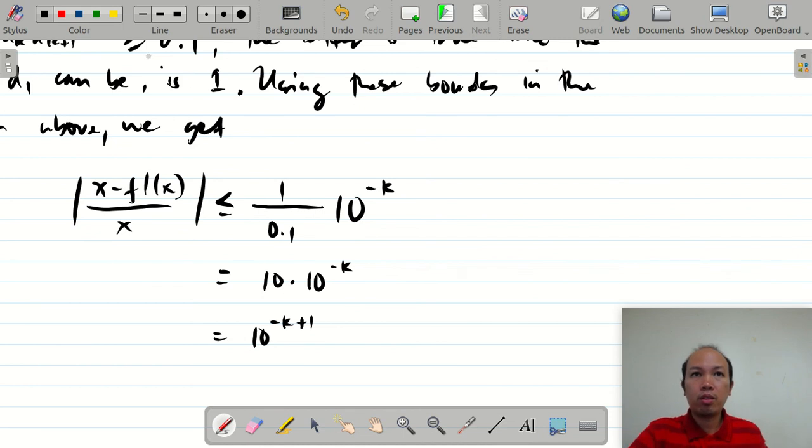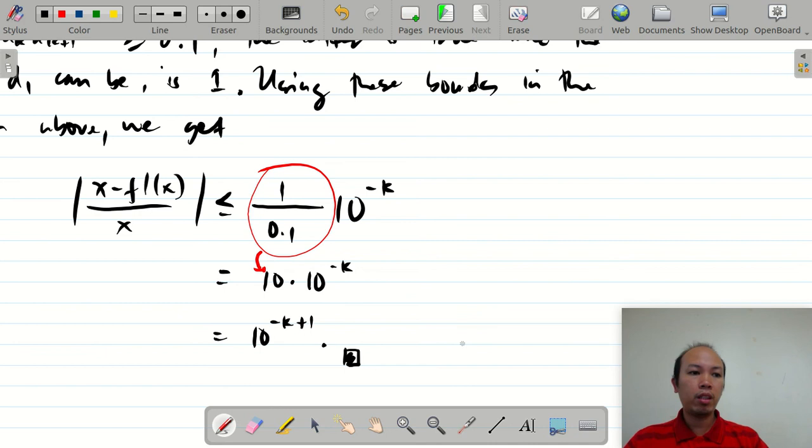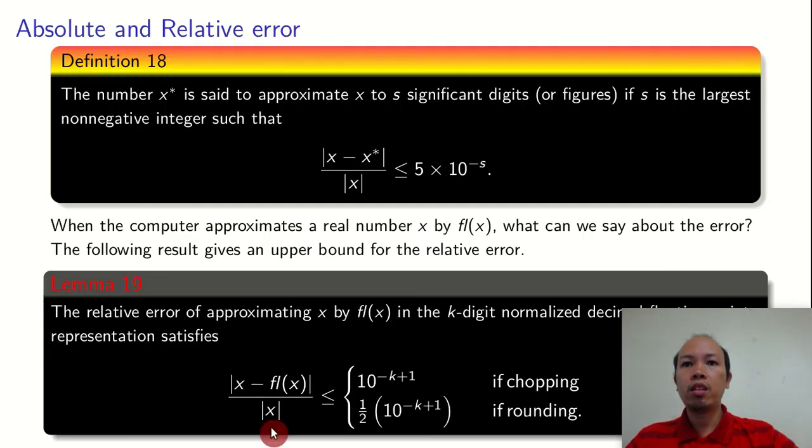You can use your calculator if you do not believe me. So we are done with chopping. As you can see, 10 to the negative k plus 1.